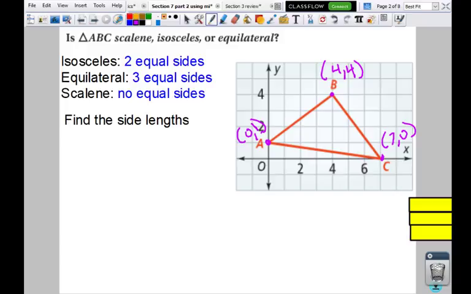And that's going to give us the length between them. So let's start with, how about this left side? I'm going to plug in 0 and 1 in for x1, y1, 4 and 4 in for x2, y2. Okay, so it's y2 minus y1, 4 minus 1, and then x2 minus x1, 4 minus 0, and hey, it gives me my number. That distance is 5.